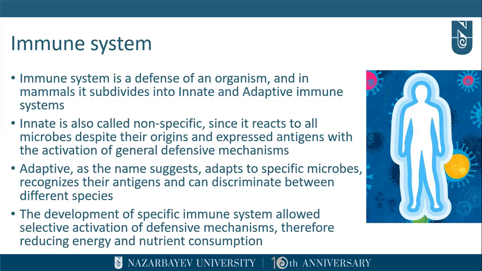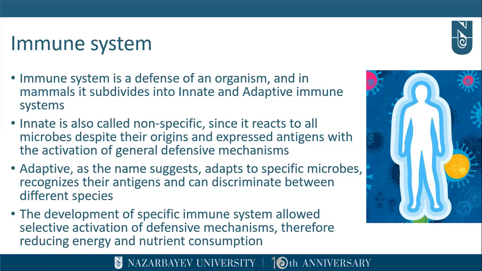The immune system is entirely a defense system of an organism. As you can see in the picture, we have our skin as the first barrier against all these viral particles and microorganisms in the form of protists, fungi and viruses, and there are billions and billions of them that surround us on a daily basis.